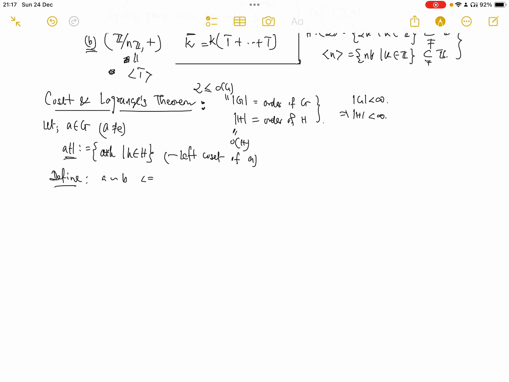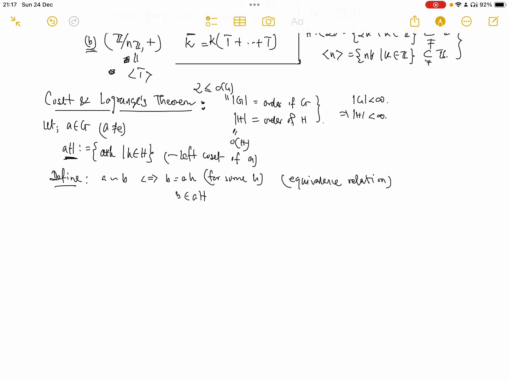They are related if and only if b is ah for some h in H. What does it mean? It means that b is inside that coset. We are taking the left coset of a, which is a bunch of elements from the group G, and if your chosen element b belongs to that set, you say b and a are related. The easy thing is to verify that it is an equivalence relation.